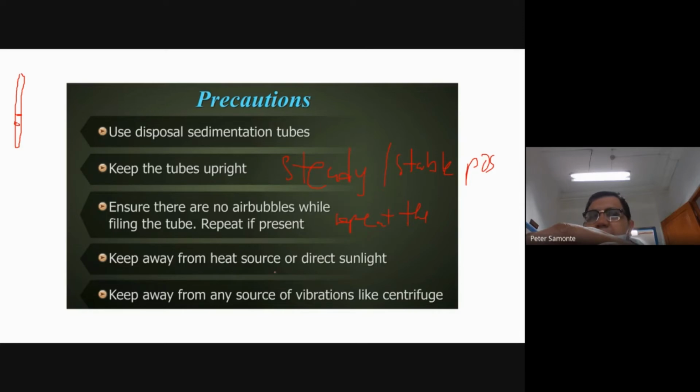Keep away from heat source or direct sunlight. Then keep away from any vibrations like your centrifuge. So pag nag-vibrate kasi yan, class, there would be faster packing of the RBC. Magkakaroon kayo ng falsely elevated ESR.